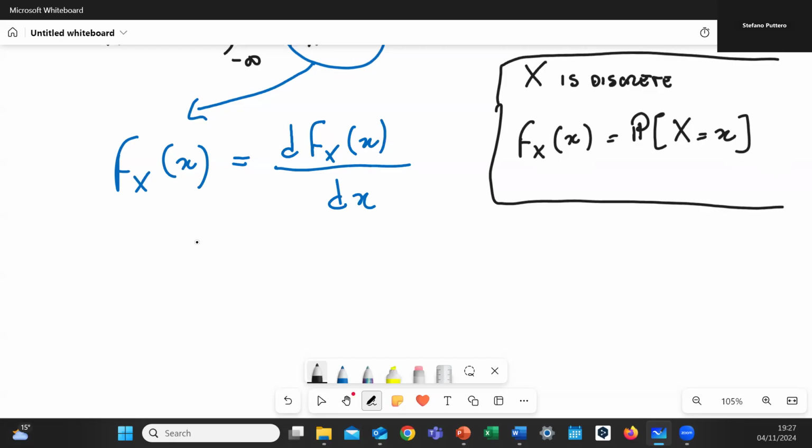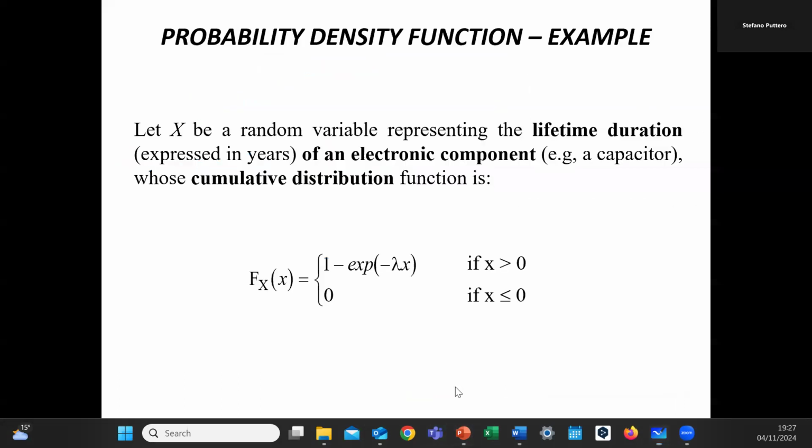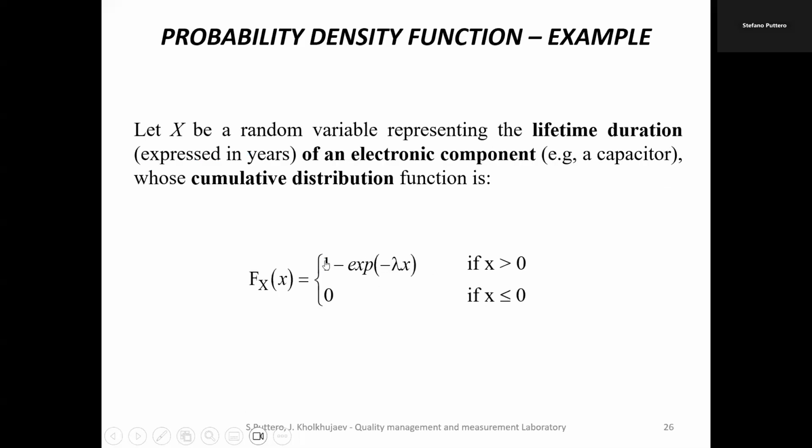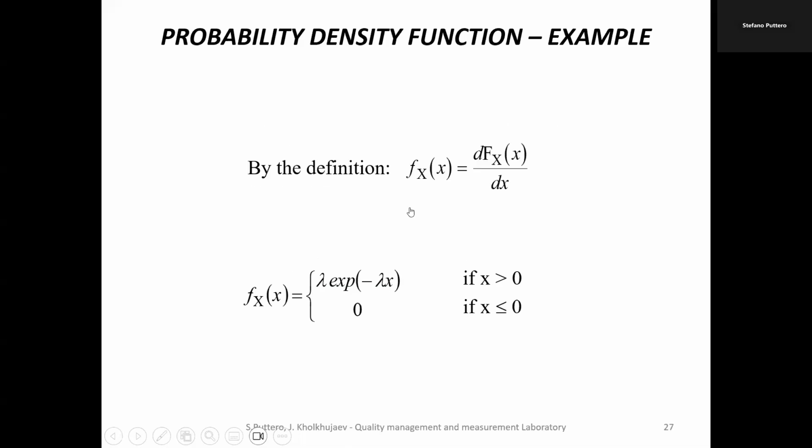So now let's come back to the slide. Now we have defined what is written down in slide 27. So we have defined the value of the probability density function, lowercase f_X of x. How do we pass from this first equation, 1 minus e elevated to minus lambda x, to this one?